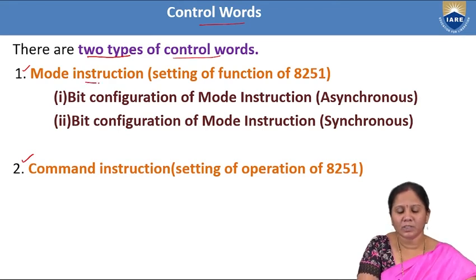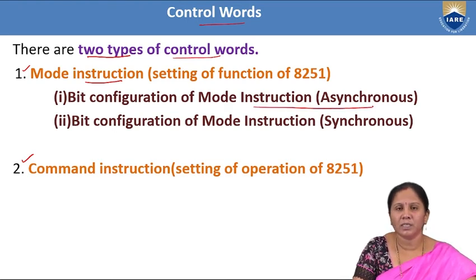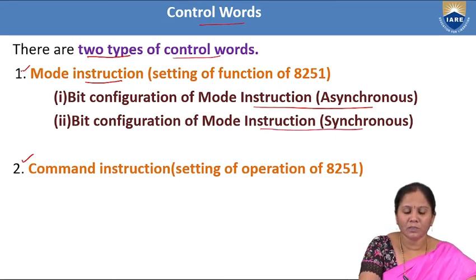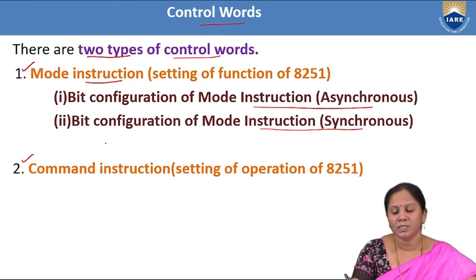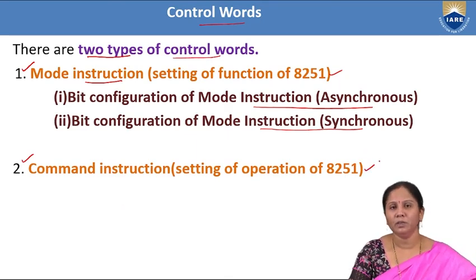Again, this mode instruction has bit configuration of mode instruction in the asynchronous mode and bit configuration of mode instruction in the synchronous mode. Generally this mode instruction is used for setting the function of this 8251 USART, whereas this command instruction is used for setting the operation of 8251 USART.